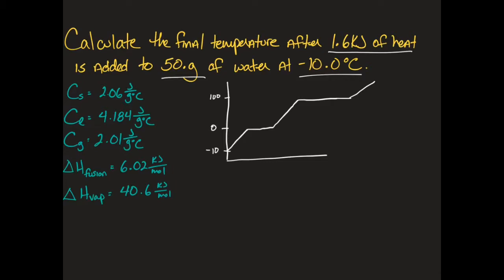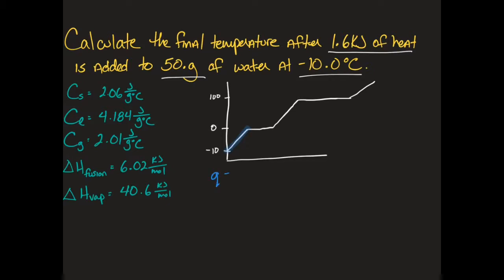So the first thing that I'm going to do is calculate how much heat is needed to get us to our melting point temperature of 0 degrees. So I'm sort of doing a theoretical calculation here. Okay, I've highlighted that segment in blue, and I'm going to do this calculation in blue.